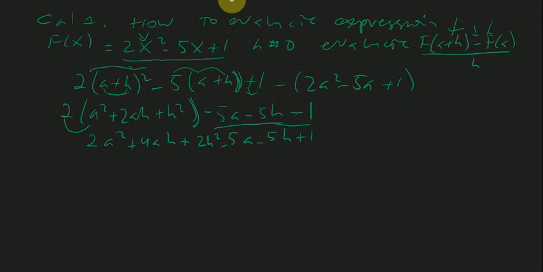Multiplication is closed in here. Now this is that part. Put the bracket, and bring this one down: minus, open parenthesis, 2a squared minus 5a plus 1.